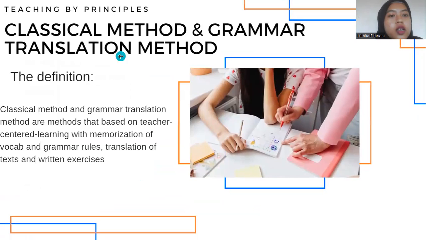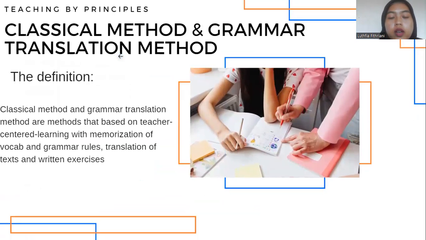The first is classical method and grammar translation method. In the 18th and 19th centuries, the classical method was adopted as the chief means for the teaching of foreign language. The classical method was chosen because at that time the main focus of teaching foreign language was reading. So what is classical method?